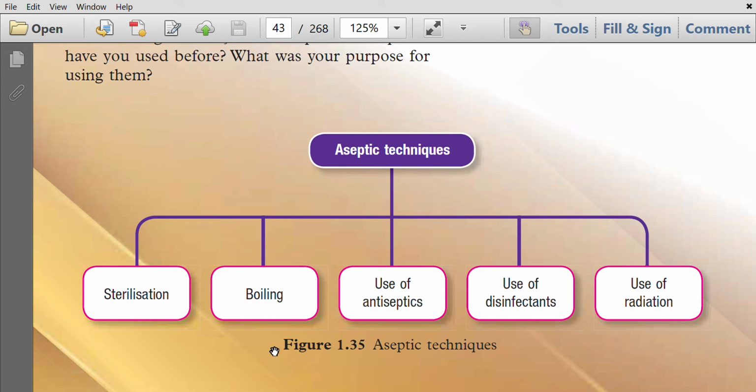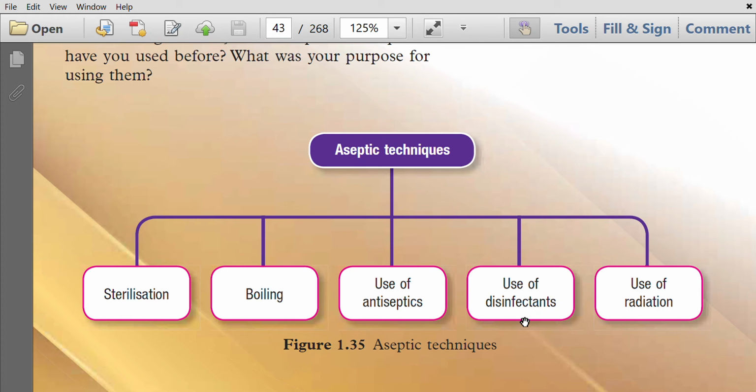There are 5 aseptic techniques here. The first is sterilization. Second is boiling. Third is the use of antiseptics. This is the chemical that you use on your skin, right?